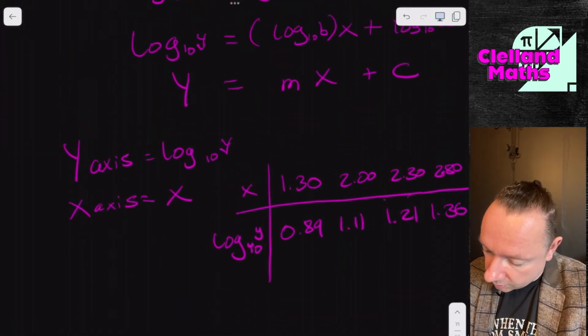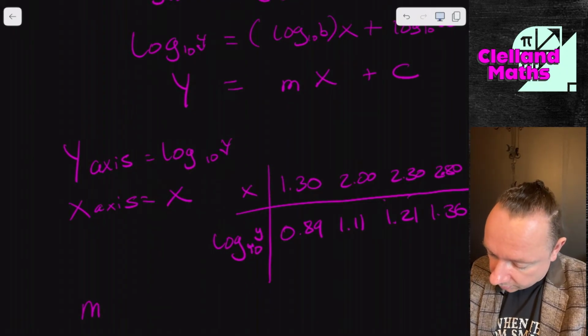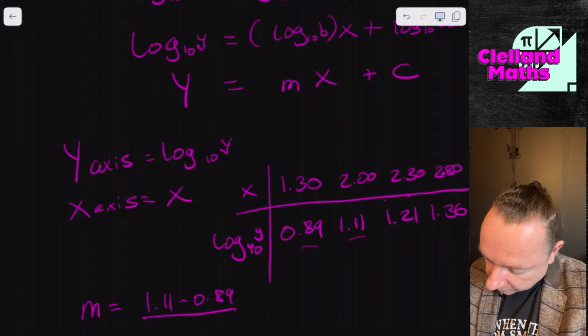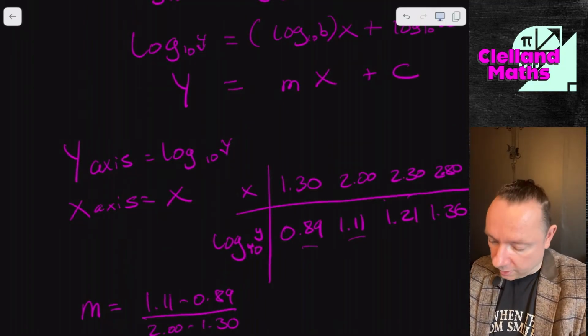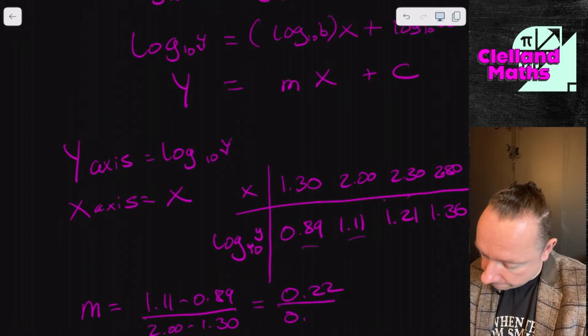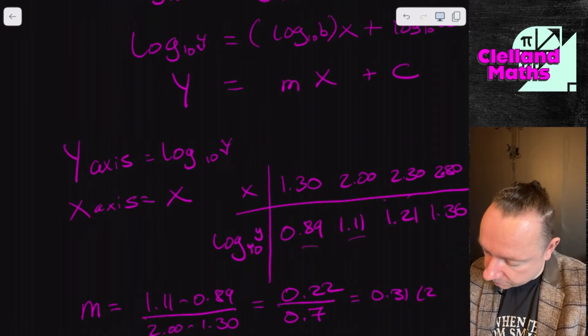So now our gradient we can work out because we've now got the correct way. Our gradient is, let's say, y2 minus y1 over x2 minus x1. So you can work that out to get 0.22 over 0.7, which is 0.31 to 2 decimal places.